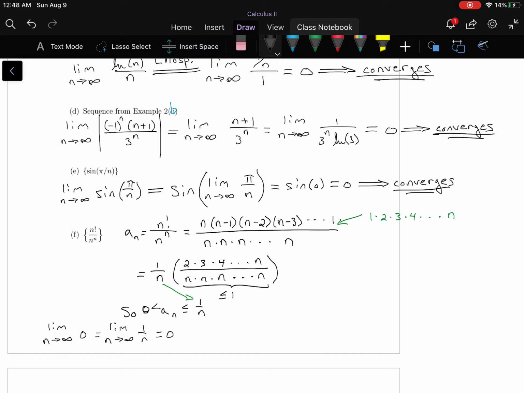So if the limit of the lower bound and the limit of the upper bound are both 0, then by the squeeze theorem, the limit of n factorial over n to the nth power must also be 0. Which means that this sequence is convergent.